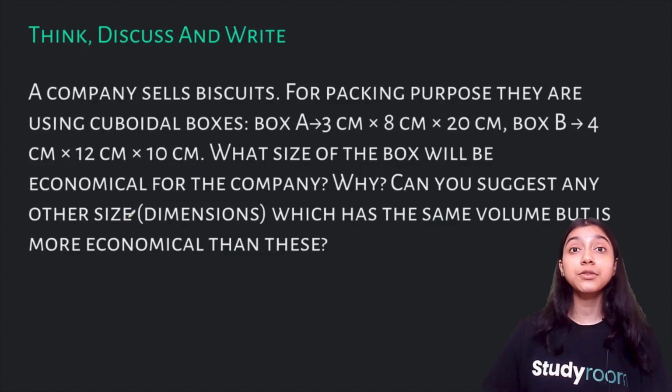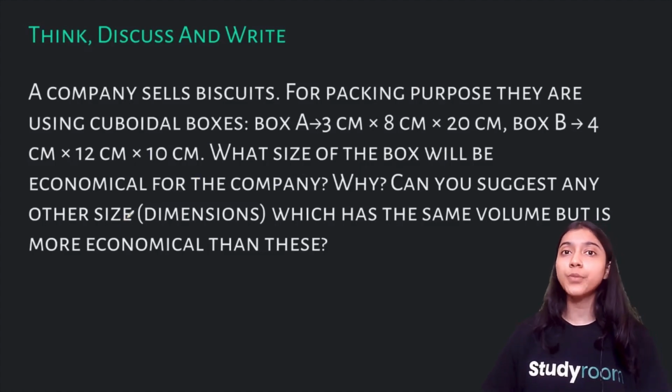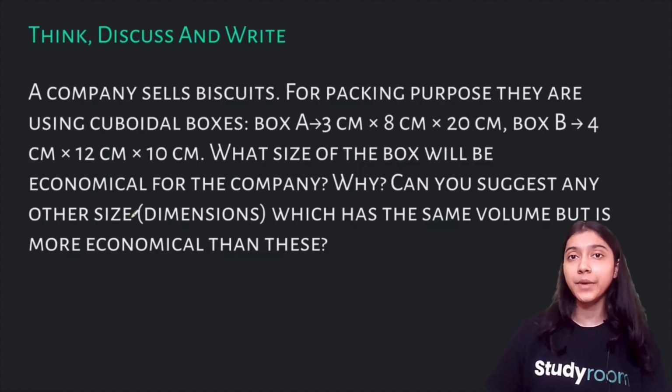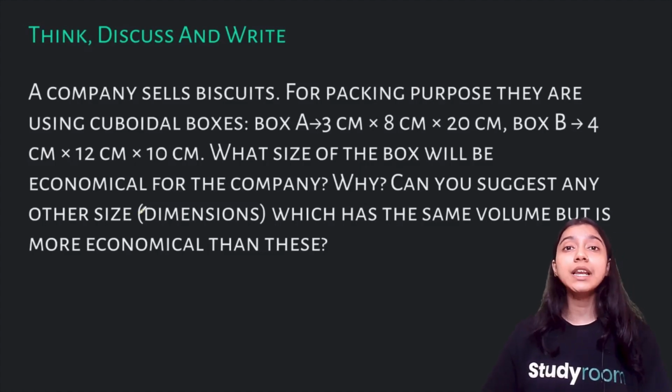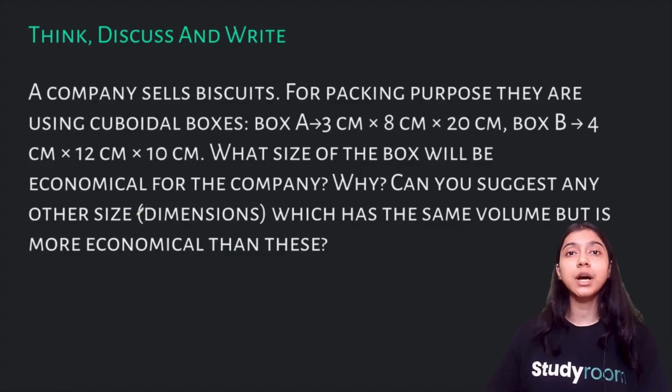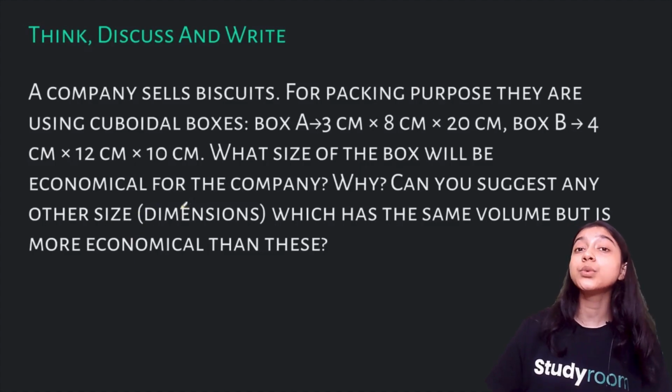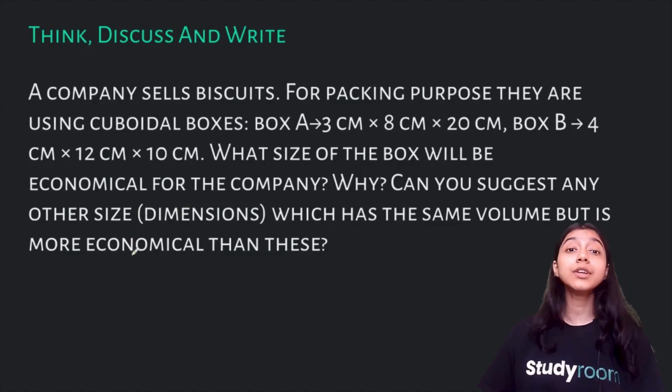So basically we have to find out the total surface area of box A and box B and then compare them. Of box A and B, the one whose total surface area is less will be more economical to the company, because the box having lesser total surface area will cost the company less and hence it will be more economical. So let's calculate the total surface area of each of the boxes.